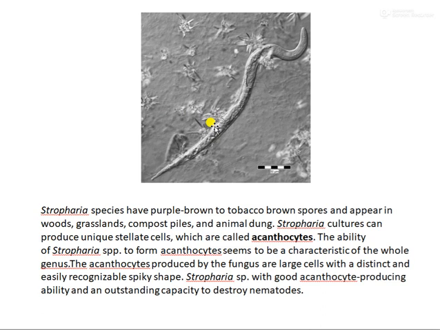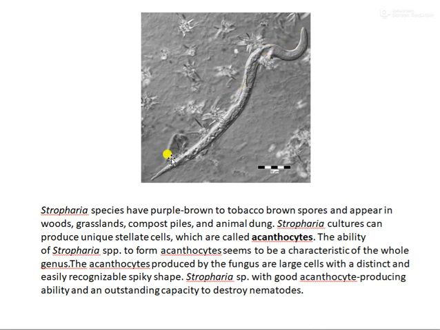The exact role of the acanthocyte is not known, but you can see that those Stropharia which produce acanthocytes, which have a characteristic spiky shape, have the capacity to kill the nematode.